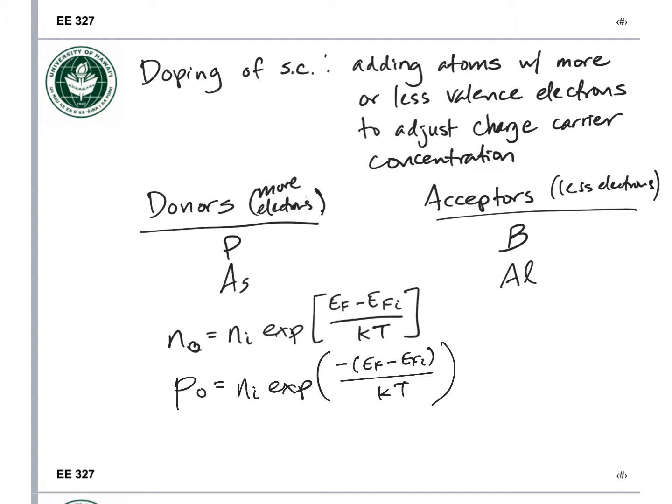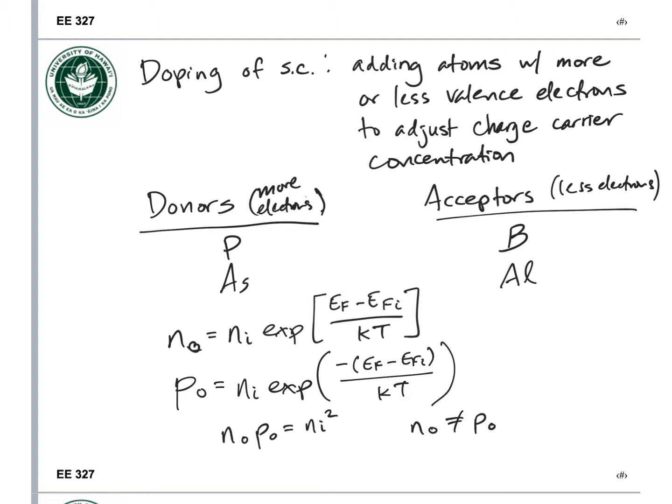And if you multiply the two concentrations together, it should equal the intrinsic semiconductor carrier concentration. But the electron and hole concentration do not have to be equal to each other anymore, because we added these atoms that are not silicon in there.